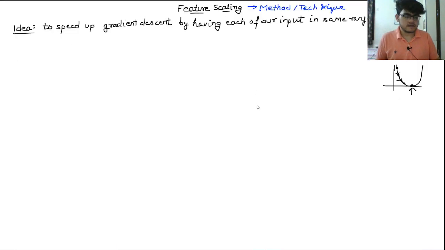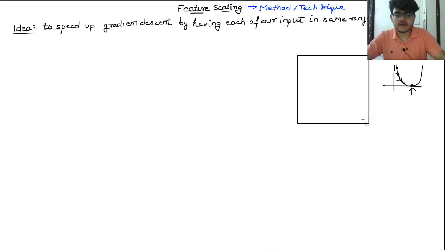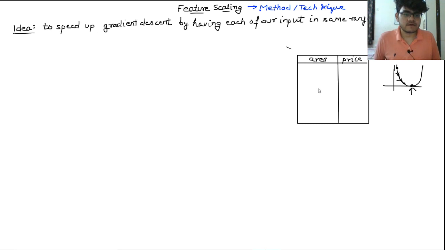Here I'm going to take an example to explain this. Let's suppose I have a data set, and in this data set I have two features. This is the price, and this is the area, let's say. In area I'm going to take four examples: first let's say 10, then 1000, then 3400 square feet, and 500 square feet, and let's take one more, say 7000 square feet.